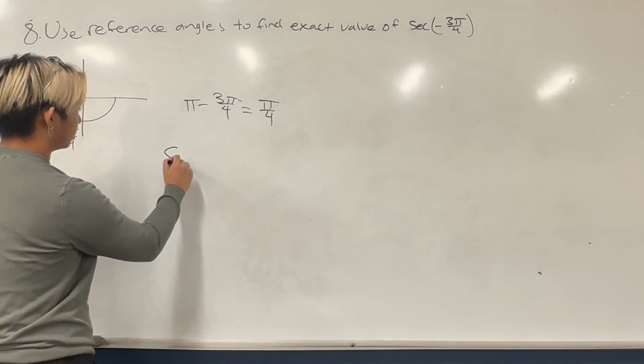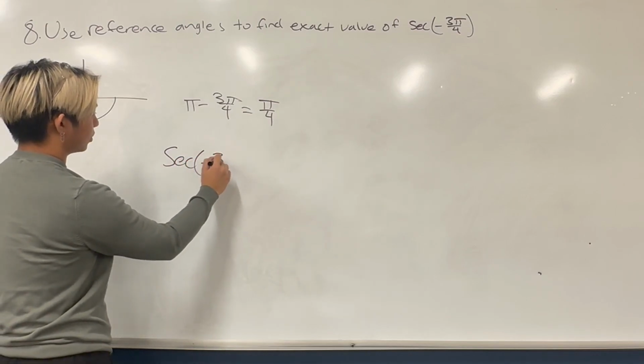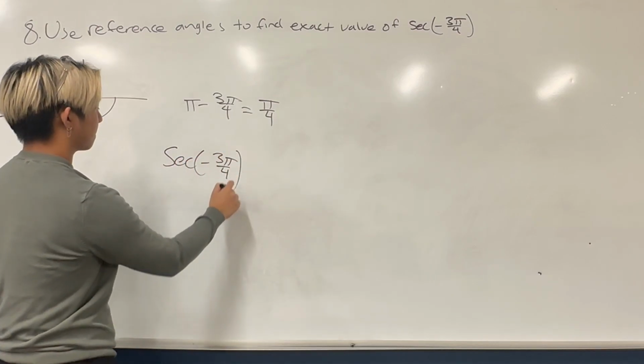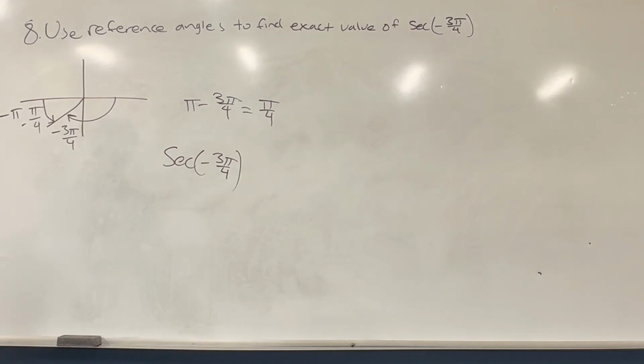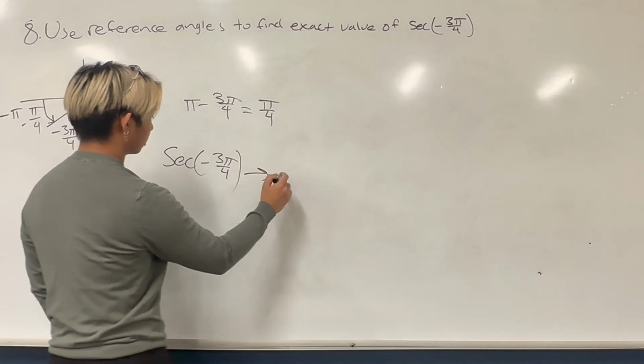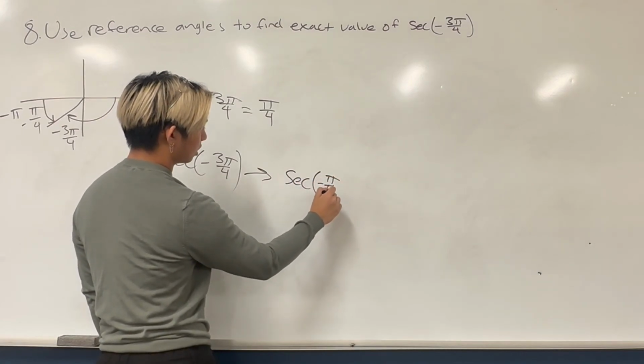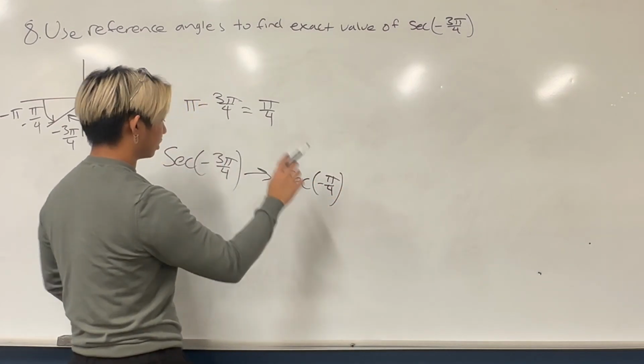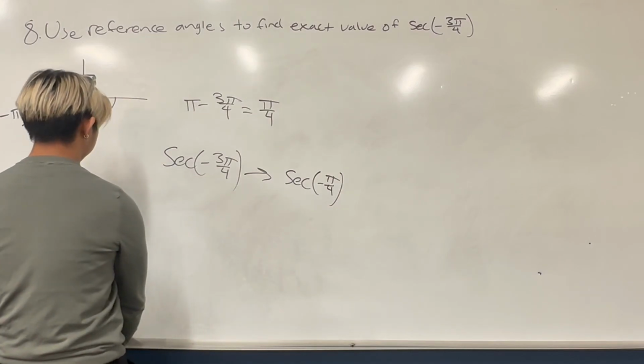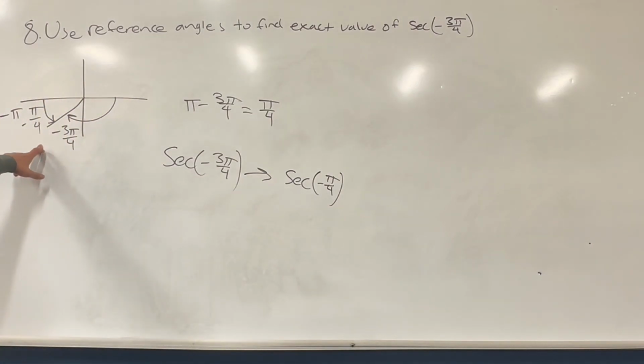So now we're trying to find the value of this. So I'll write out secant of negative 3 pi over 4. And then this would be equal to secant of negative pi over 4. Wait, no. So we notice this is in the third quadrant, so cosine here would be negative.